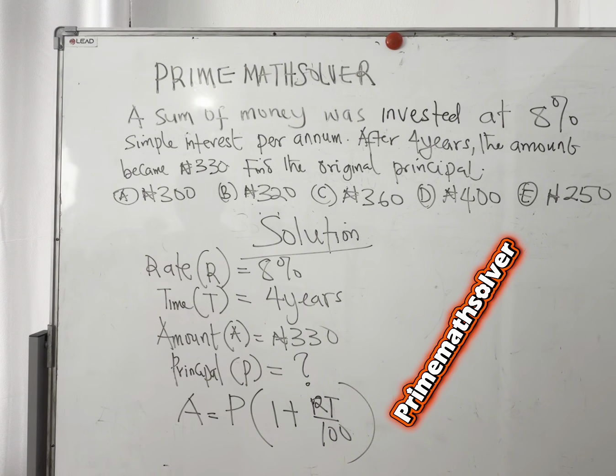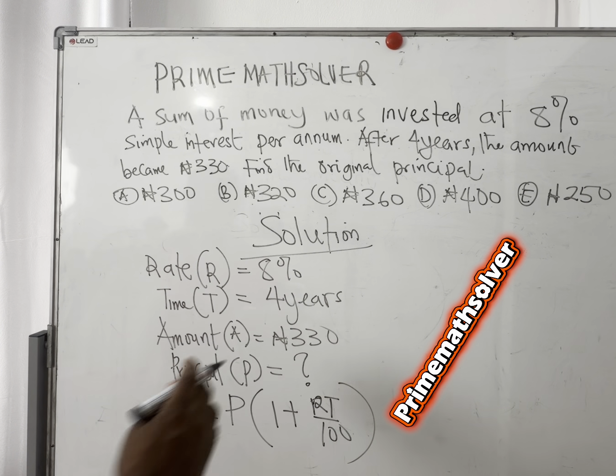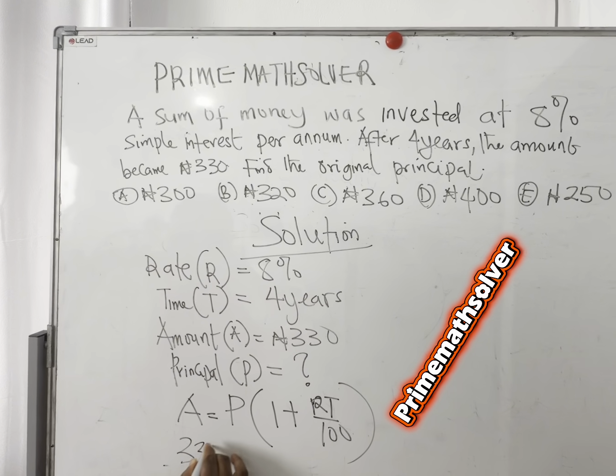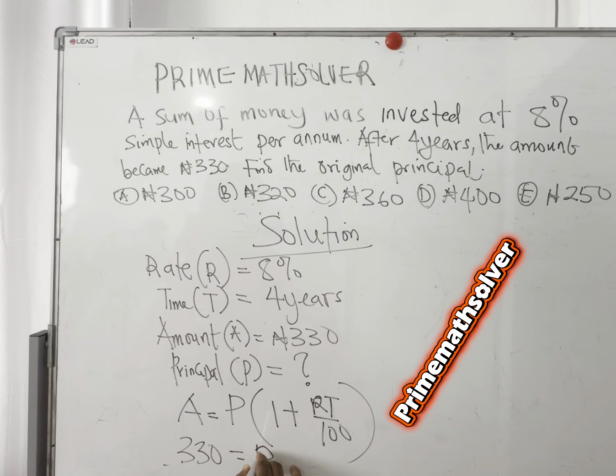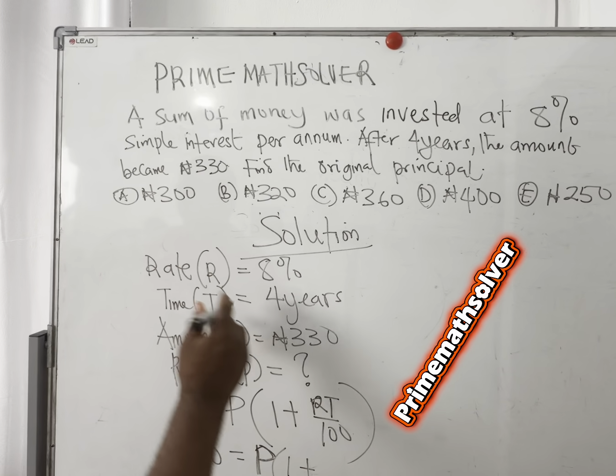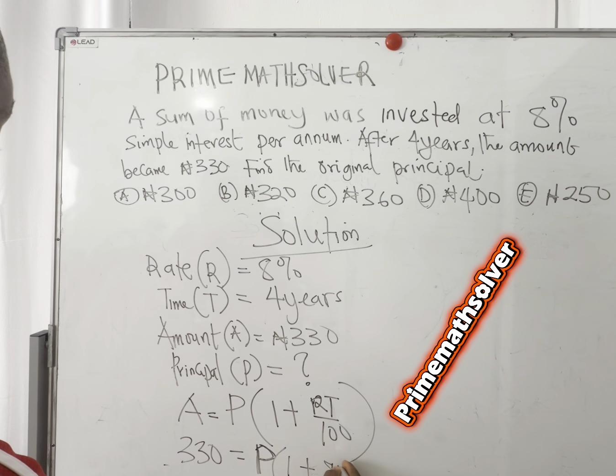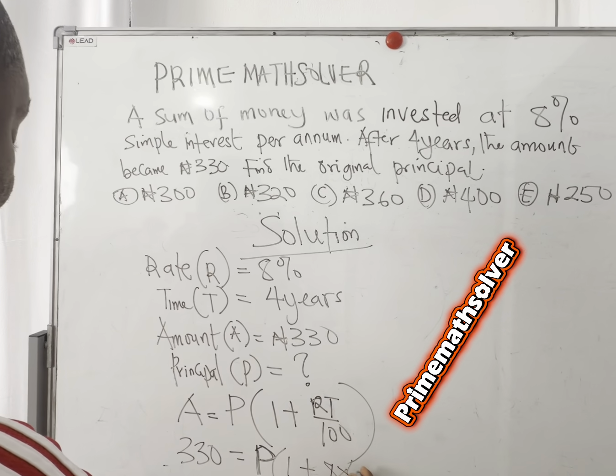So now, let's go. Amount is what? 330. So we have 330 equals P. They did not give us what P is, so we leave that letter P as our unknown variable. Now, bracket open, 1 plus your rate R, which is 8, multiplied by your time 4, over 100.